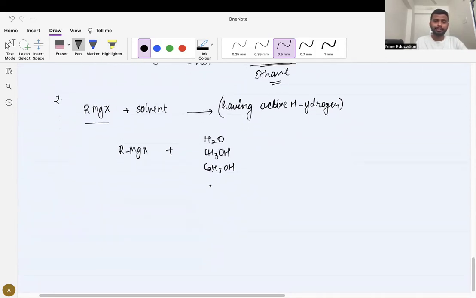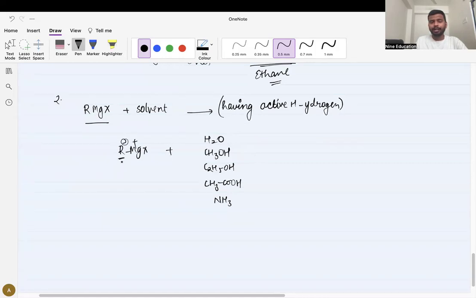अगर मेरे पास ये है और अगर मेरे पास let's say एसिटिक एसिड है ना? एसिटिक एसिड है. Let's say I have ammonia, and if I have these solvents, so what will happen? This Grignard will act as what?